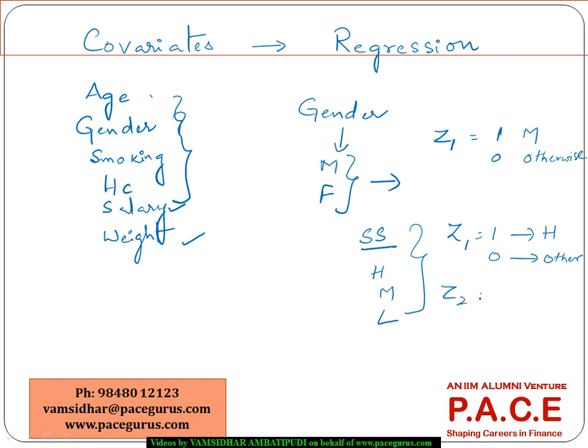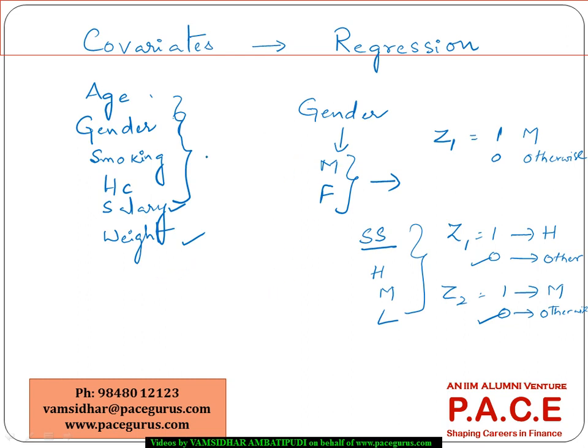Similarly, Z2 equal to 1 if he is a moderate smoker, 0 otherwise. And I don't need Z3 anymore, because if both of them are 0, then I can directly take the person as a light or no smoker.